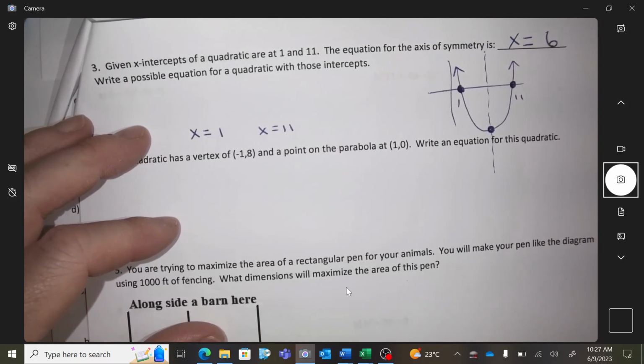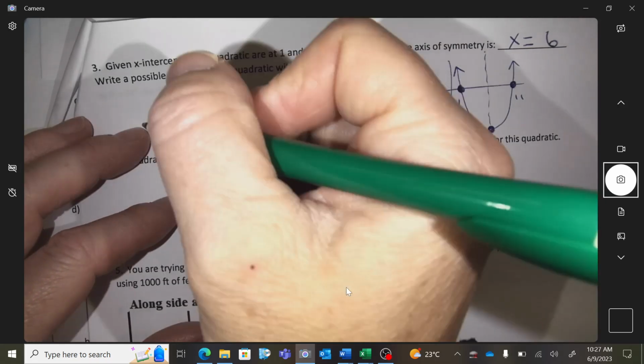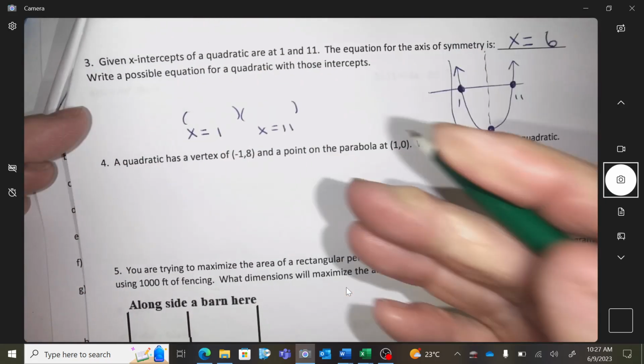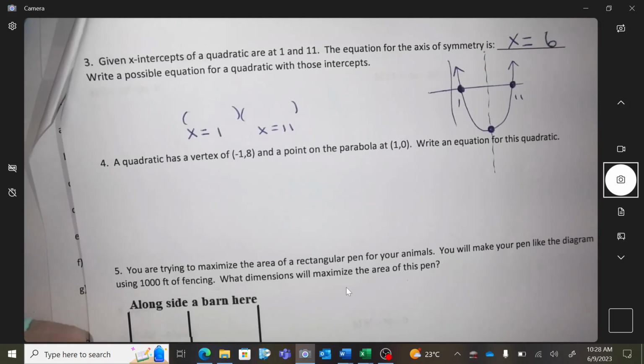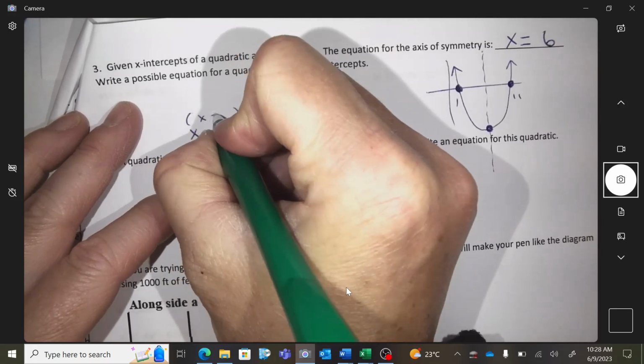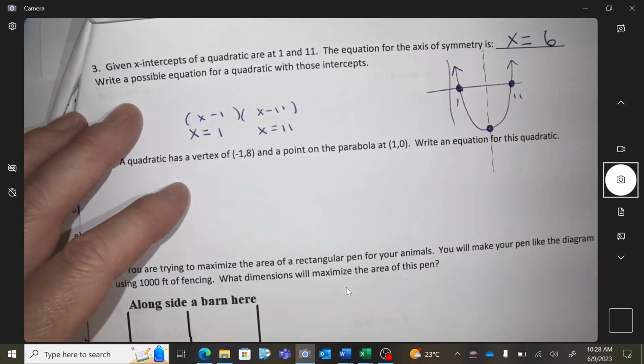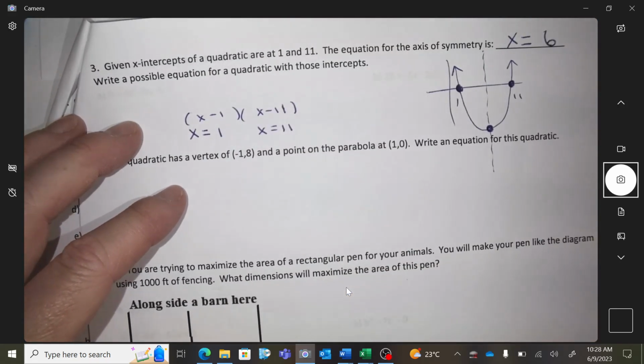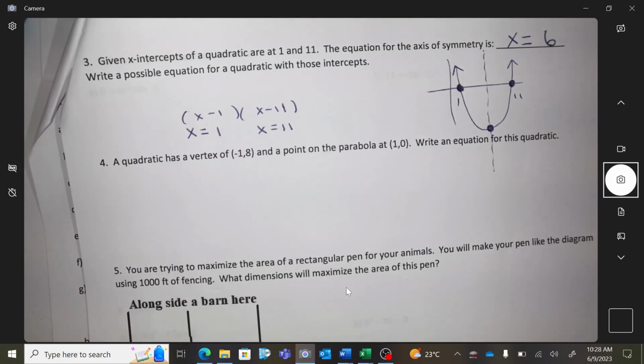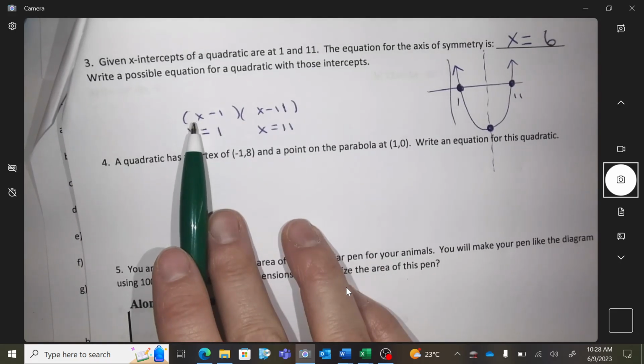Factoring gives me x-intercepts, right? So what was my factoring stage before those x-intercepts then? Does that make sense? Those factors gave me those x-intercepts. Can you now FOIL that out?